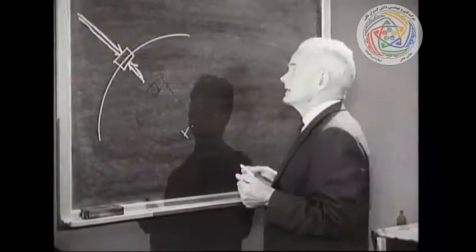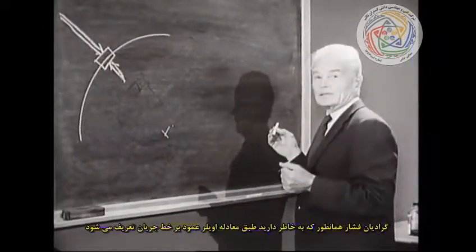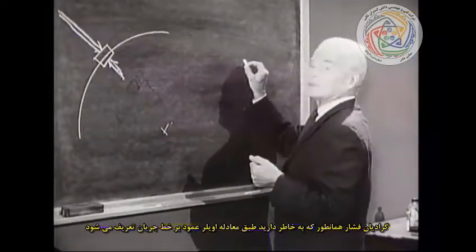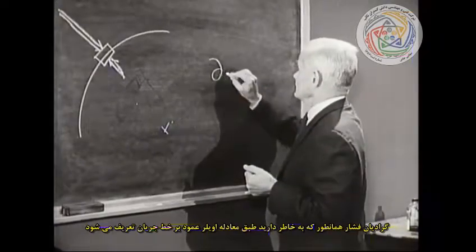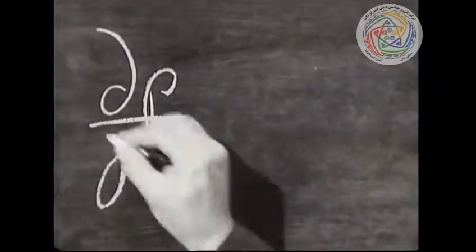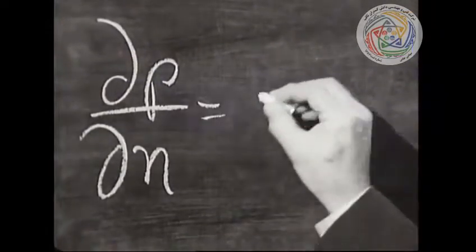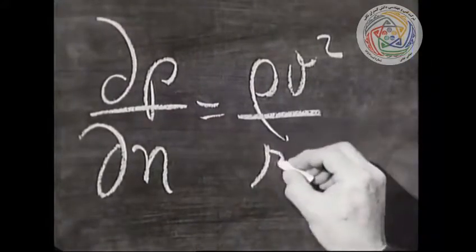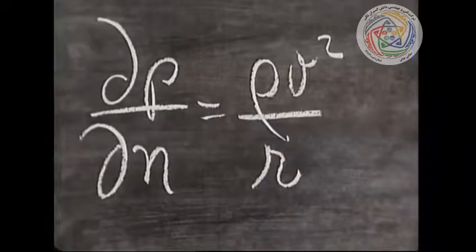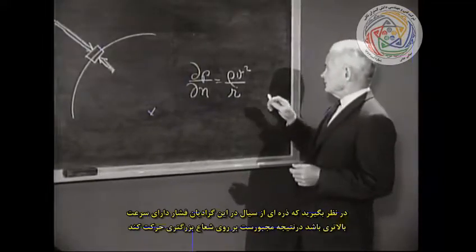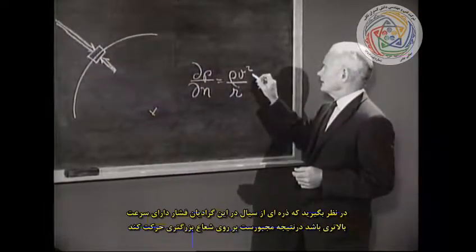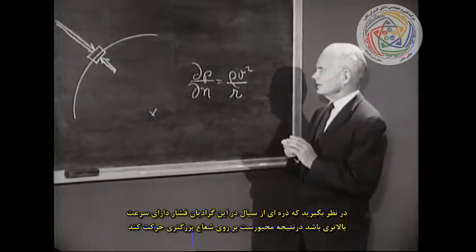The pressure gradient, you will recall, is described by Euler's equation, normal to the streamline. Suppose that a particle in this pressure gradient has higher than normal velocity.